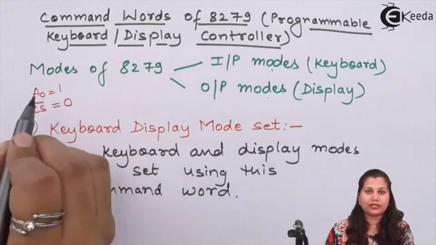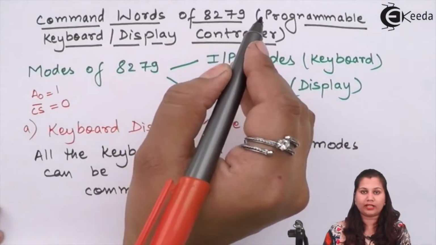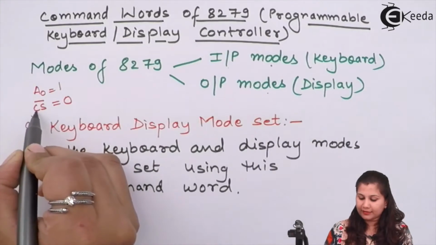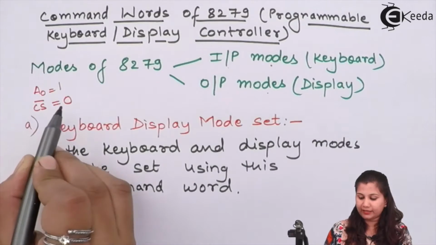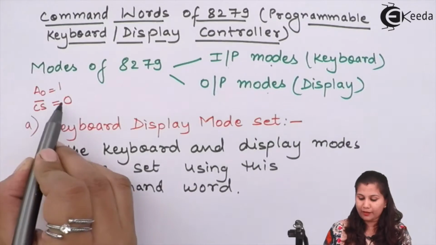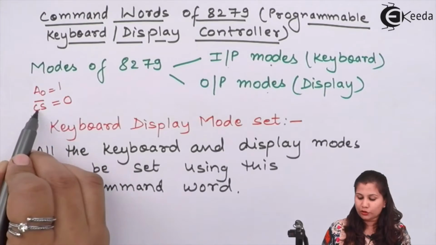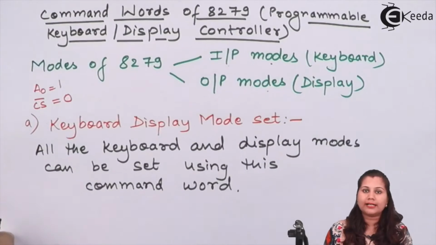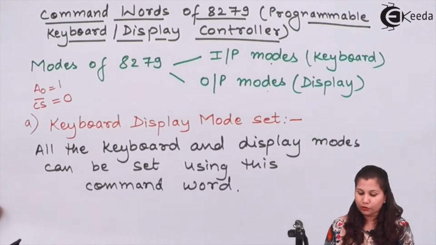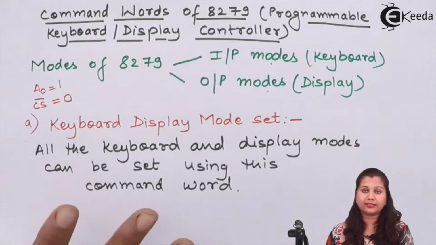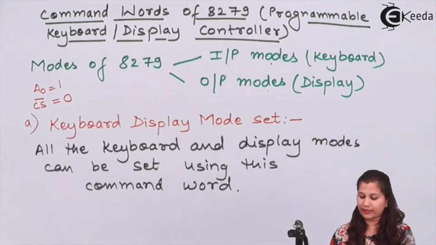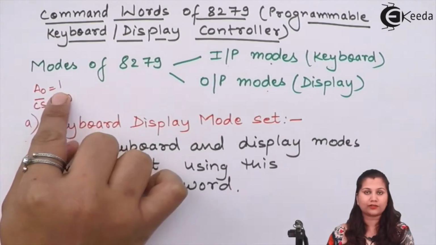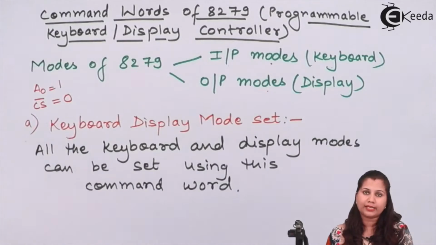When A0 is 1, the 8279 is addressed by the microprocessor, and CS bar, the chip select signal, is an active low signal, so when its value is 0, only then will the 8279 be connected with the CPU. So for writing the command words into 8279 or reading them, A0 has to be 1 and CS bar has to be 0.